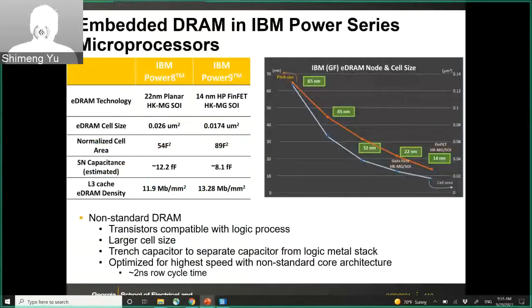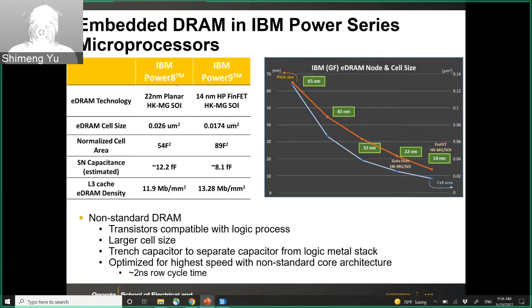IBM likes to use the eDRAM because IBM's product is the Power series microprocessor. IBM's business model is to build the data center for business customers. So they try to build the data center using their own processors, and they have the Power series processors.